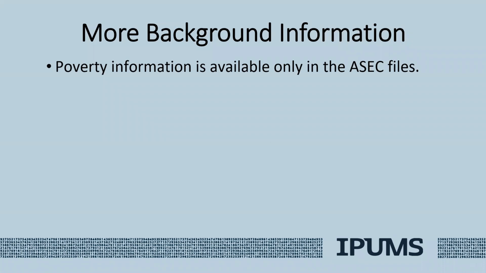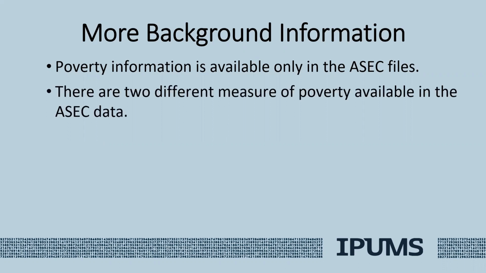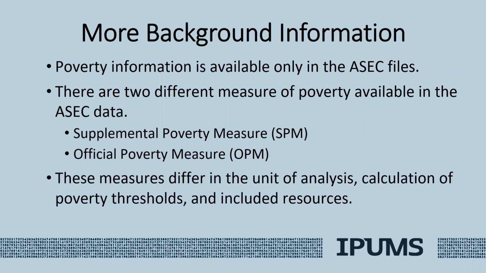The poverty information, which we are interested in for our example, is only available on these ASEC files, so that's the data that we'll be using. As I alluded to earlier, there are two different poverty measures available in this data, the supplemental poverty measure and the official poverty measure. These measures differ in their unit of analysis. The official poverty measure uses family units that are related by blood, marriage, or adoption.